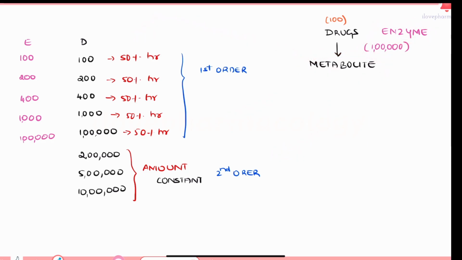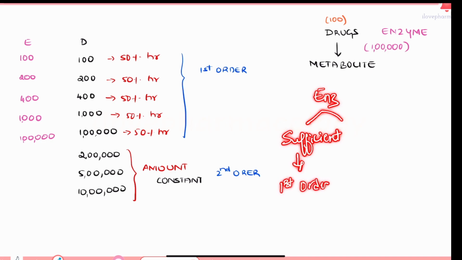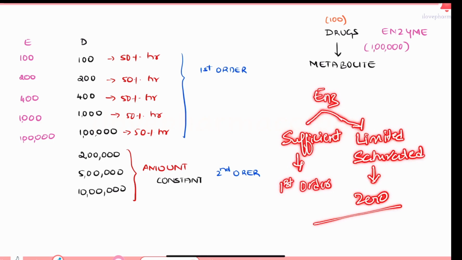If the enzymes are sufficient, it follows first order kinetics. If the enzymes are limited or saturated, meaning the dose is more than the number of enzymes present in the body, it follows zero order kinetics.